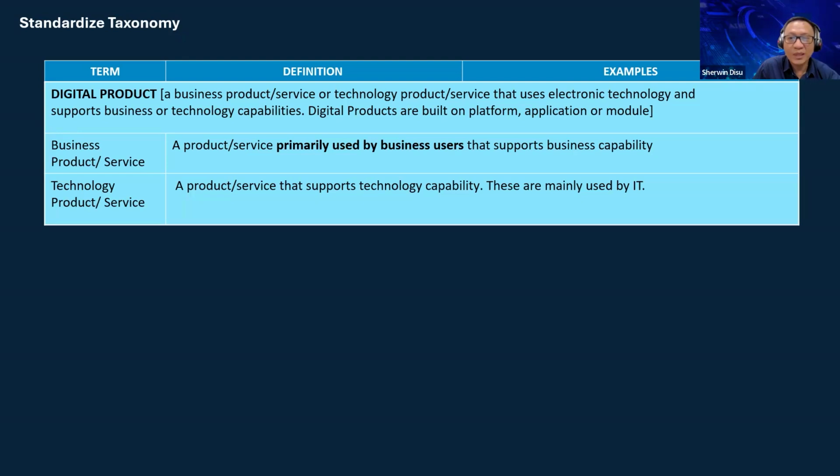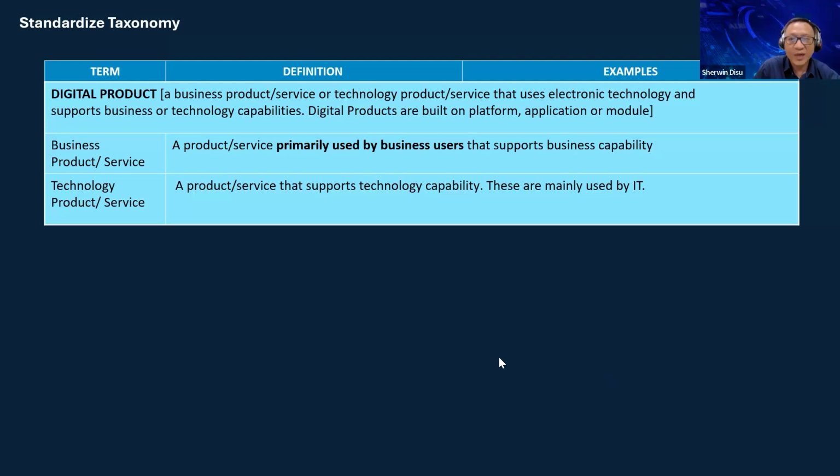Digital products are built on a platform, application, or module. Now we further distinguish business product from technology product. So a business product is primarily used by business users and supports business capability, whereas a technology product supports or provides technology capability. These are mainly used by IT.